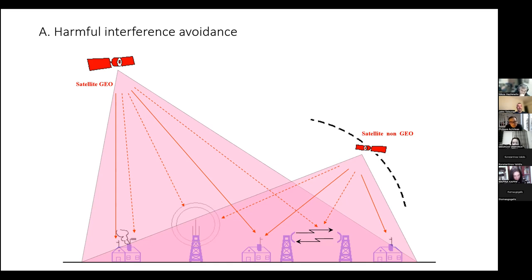So there are risks of harmful interferences blocking the provision of the service on Earth. It's what we try to avoid: situations where the frequencies of two systems are overlapping and blocking the provision of communication services.